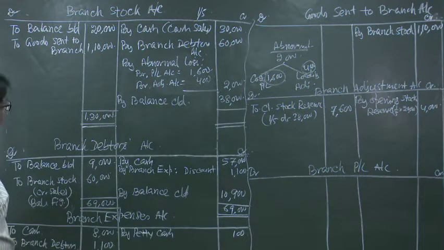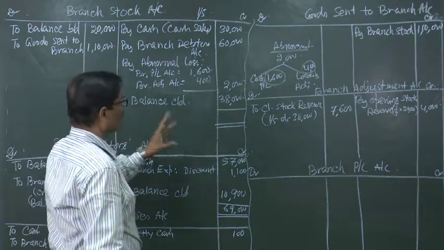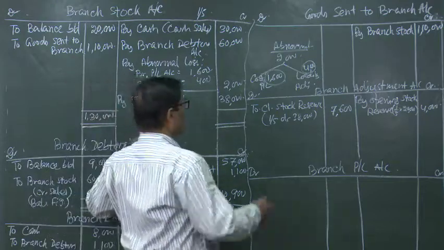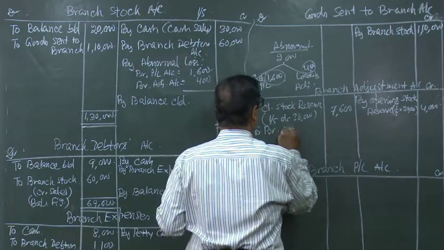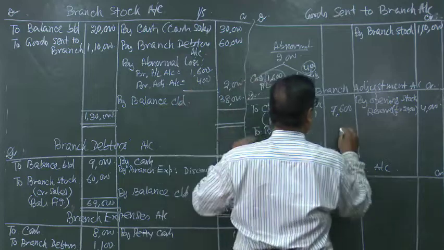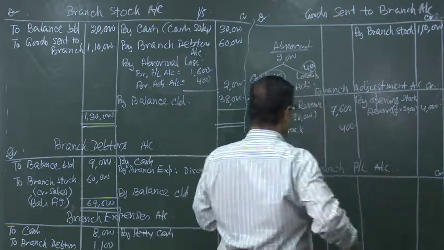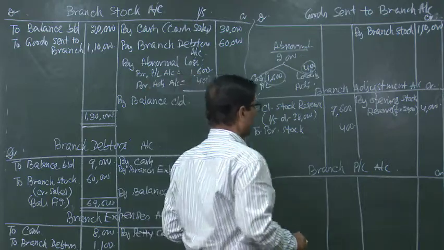Now, if this is the entry, branch PL account will have to be debited and branch adjustment account will have to be debited. So, branch adjustment account debited to branch stock account about the loading portion, that is 400. This is loading on abnormal loss.